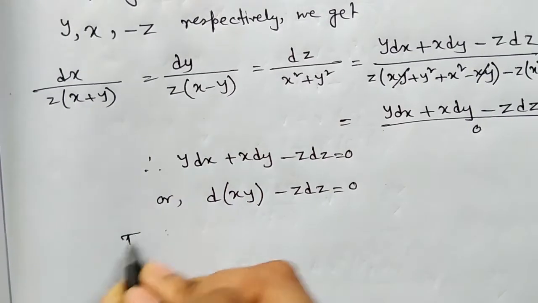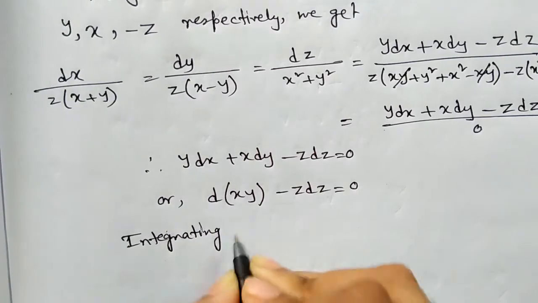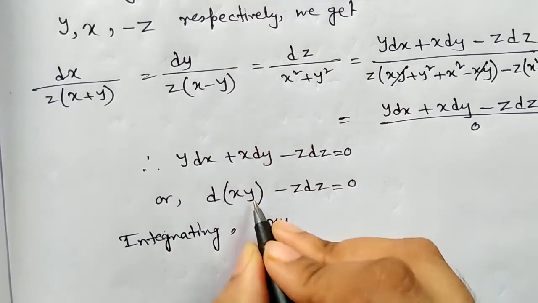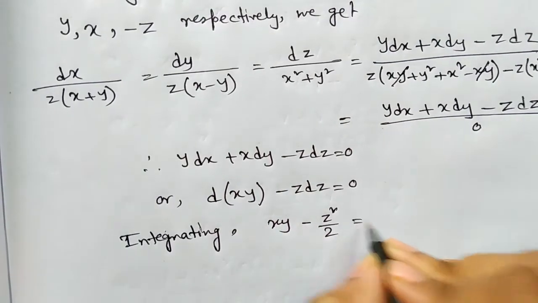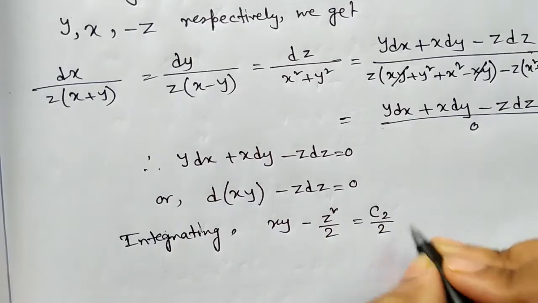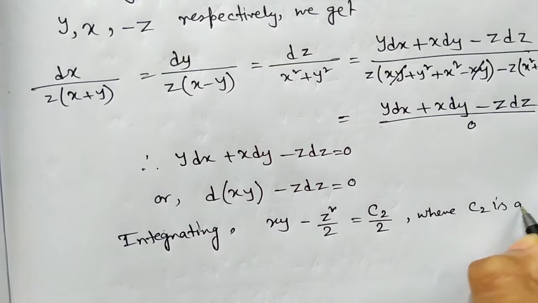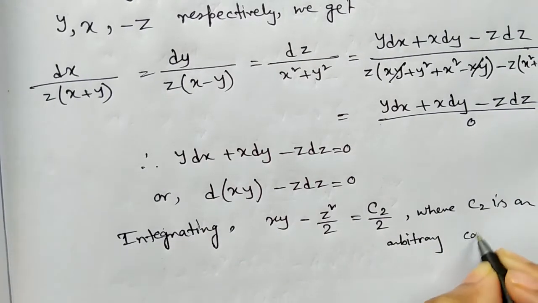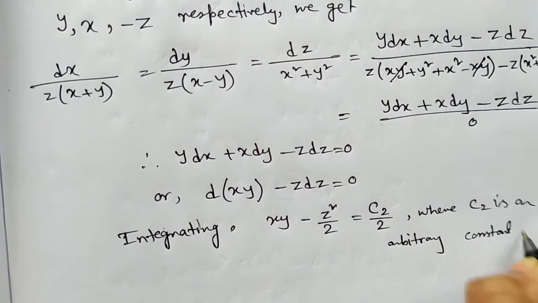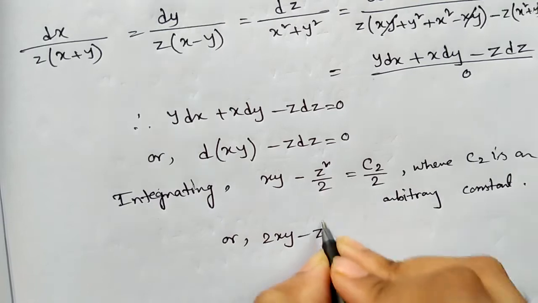So now integrating, we have xy - z²/2 = c2/2, where c2 is an arbitrary constant. So we get 2xy - z² = c2.